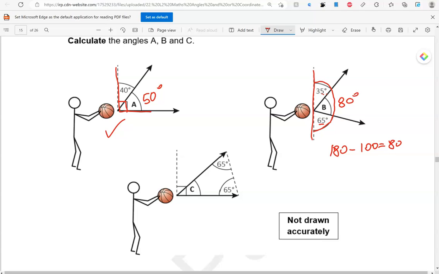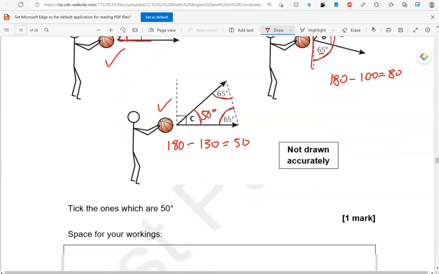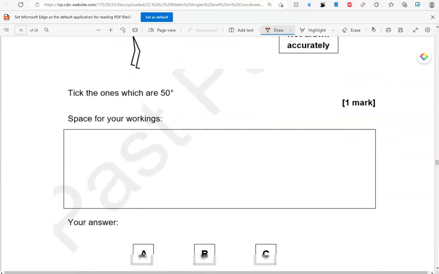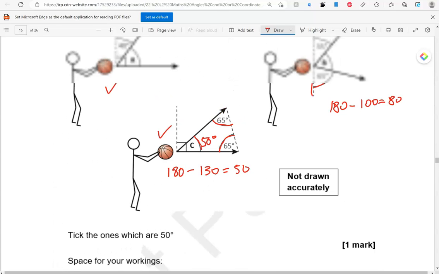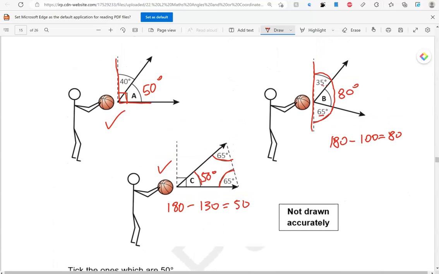It's not 50, so we will not tick it. Looking at C, it's part of a triangle. So we've got 65 and 65, which gives us 130. So 180 take away 130 gives us 50. So we can tick this one as well. So it's A and C.